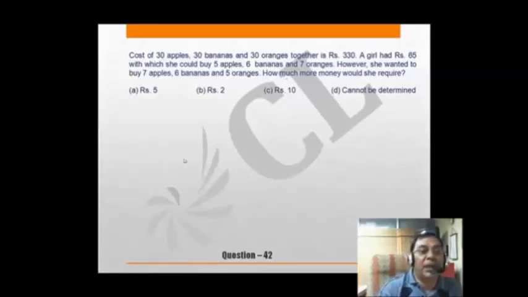That means apple plus banana plus oranges is equal to 11 rupees, with which you could buy 5 apples, 6 bananas and 7 oranges.